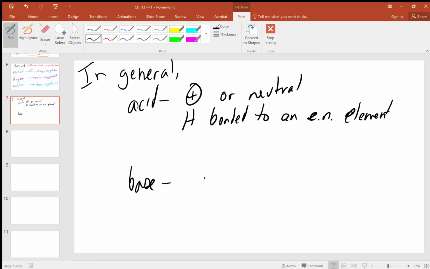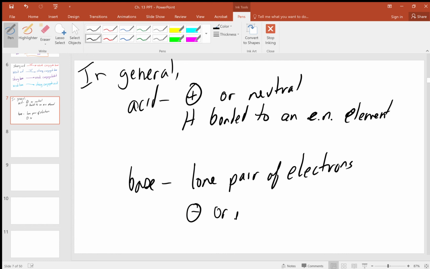Whereas a base is going to be something that needs to have a lone pair of electrons to give up, and will have a negative or a neutral charge.